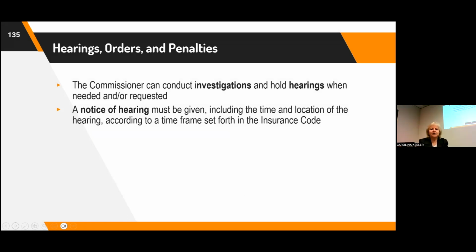Hearings, orders, and penalties. Every state is different on these, so please check your online materials that tell you your actual laws. The commissioner can conduct investigations and hold hearings when needed and or requested. A notice of hearing must be given, including the time and location of the hearing, according to a time frame set forth in the code.